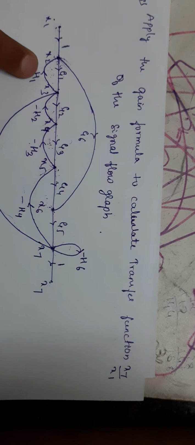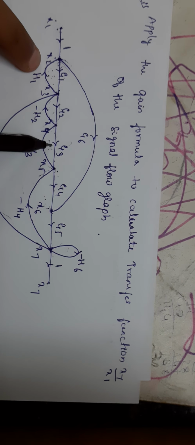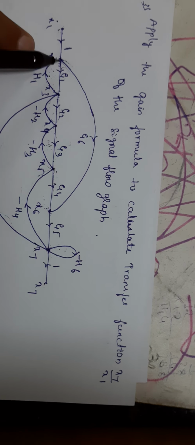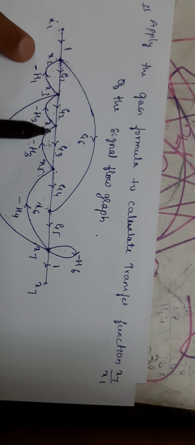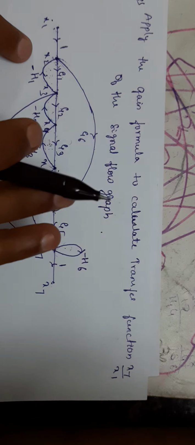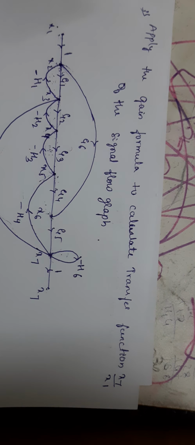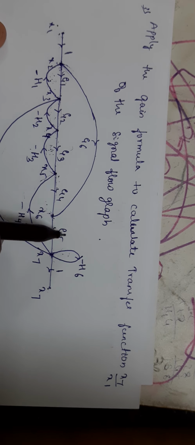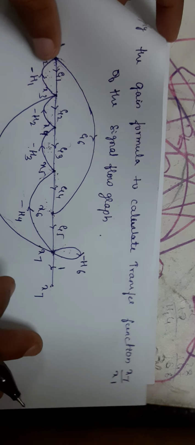Okay, see this one and this one, see carefully, this loop and this loop are 3 non-touching loops. We have to see first one non-touching loops, 2 non-touching loops and 3 non-touching loops. Okay, we have seen 2 non-touching loops, now we have to see 3 non-touching loops. This one and this one are 3 non-touching loops.